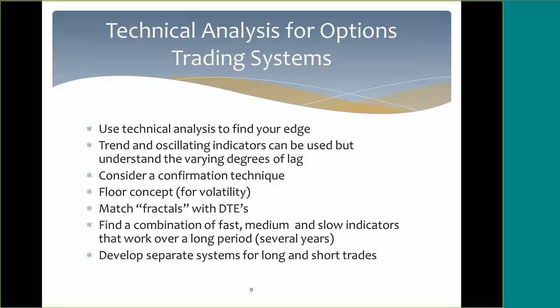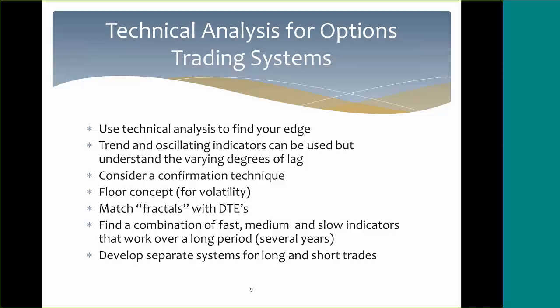This is really important because you want to make sure that you don't have a mismatch between the indicators and oscillators you're using and the DTEs of what you're selling. For example, if you're selling options that are 40, 50, 60 days to expiration, it's not going to do you any good to be looking at a 30-minute chart.